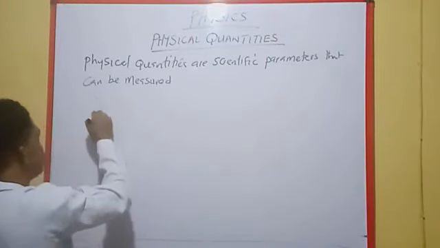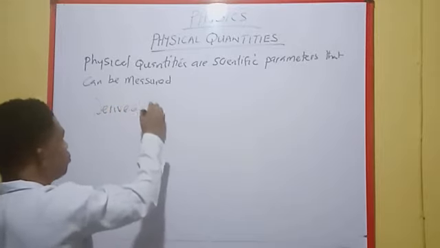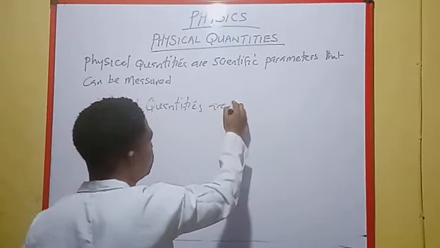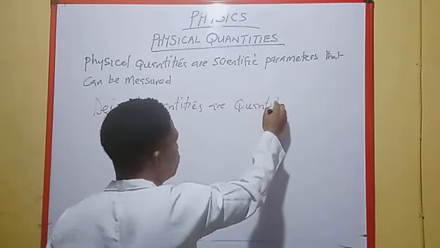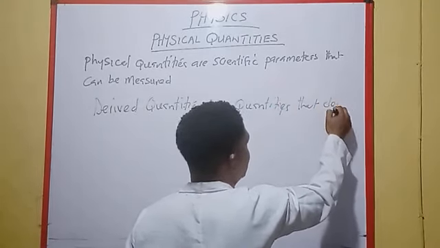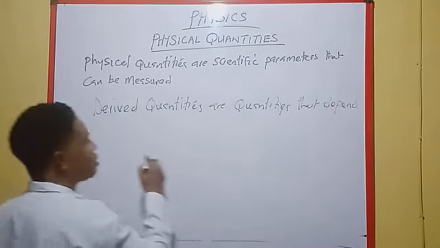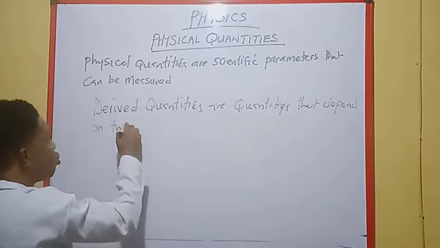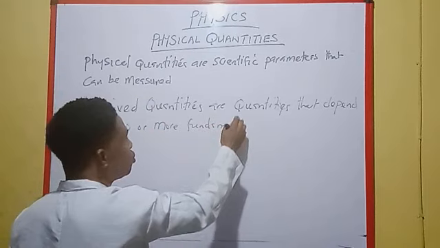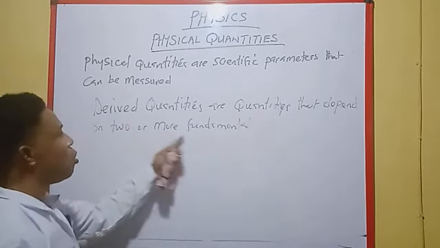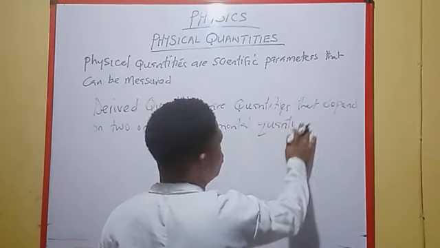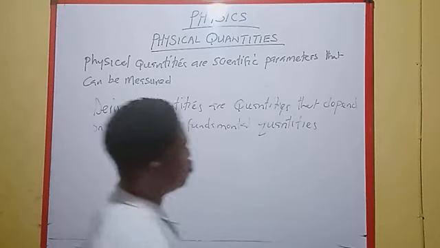Derived quantities are quantities that depend on two or more fundamental quantities.